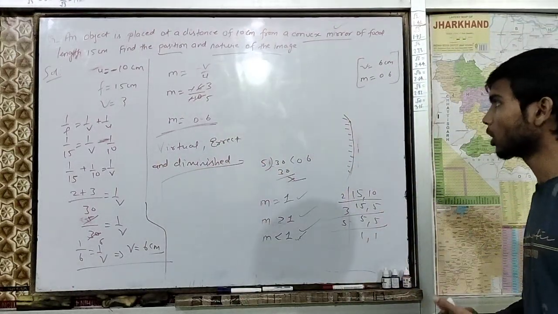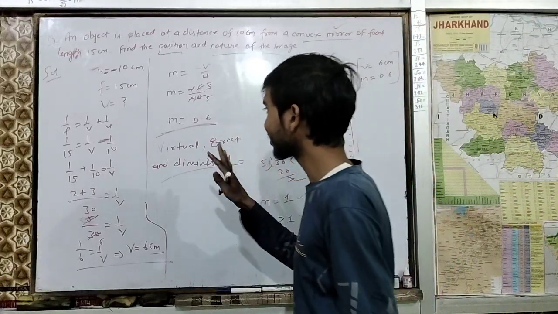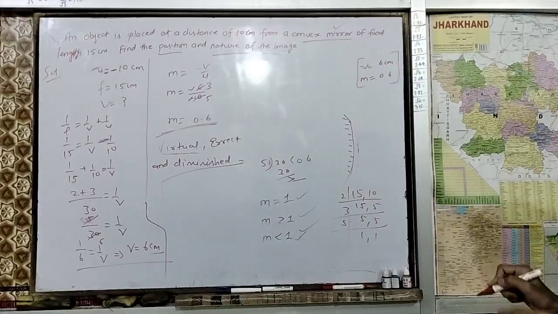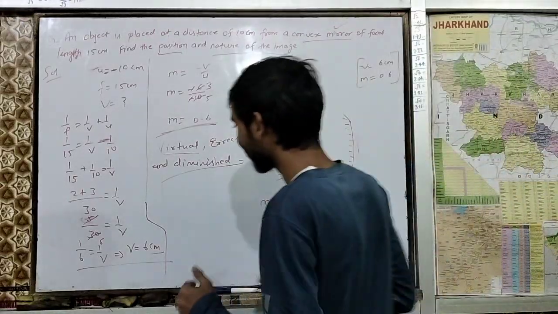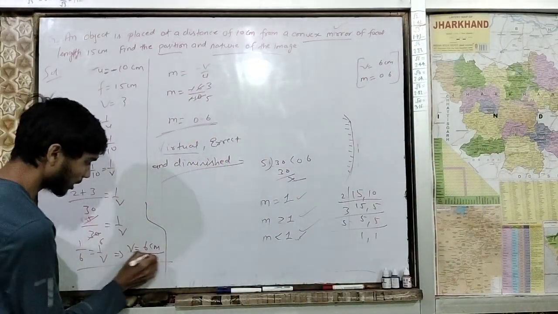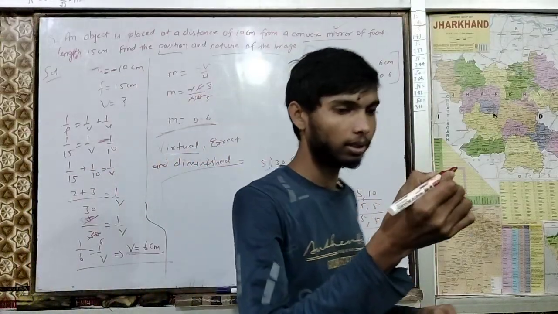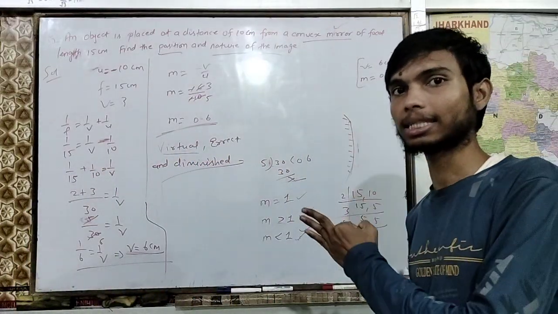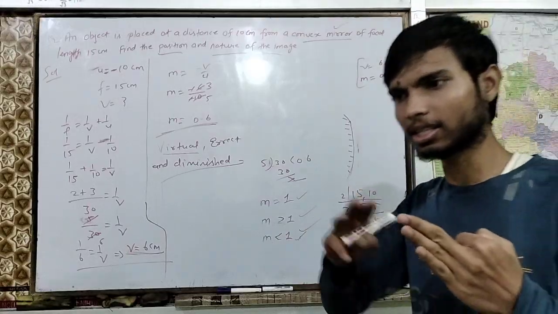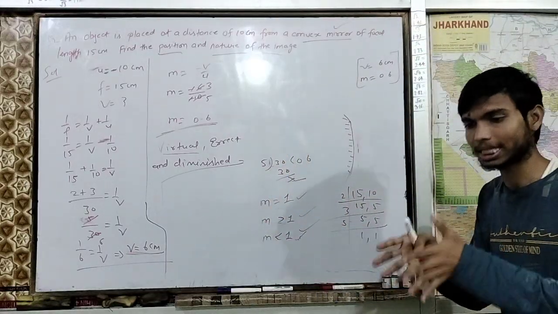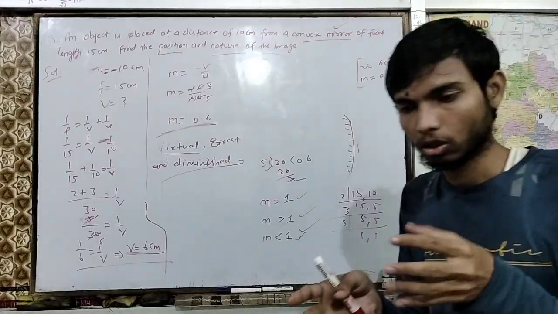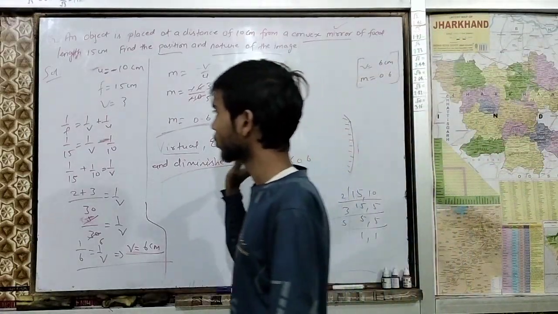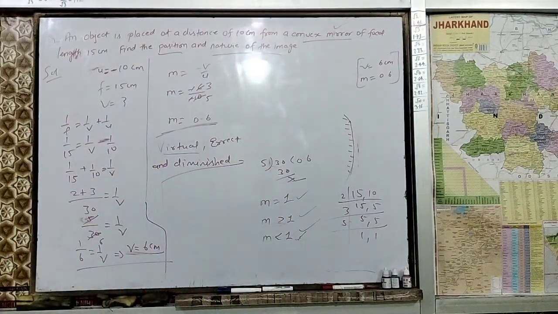Now, how are we saying confidently that our image is virtual and erect? Because v is positive, and it is on the right side according to the Cartesian plane, going inside the mirror. Inside the mirror means virtual. All things are crystal clear.